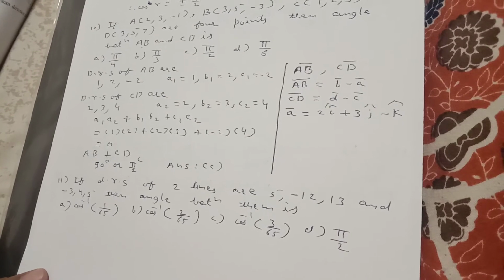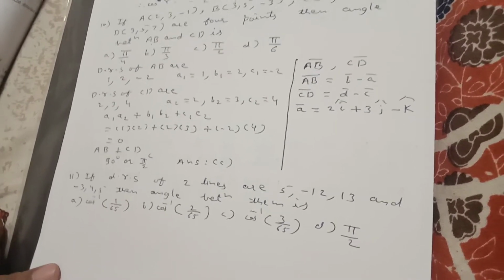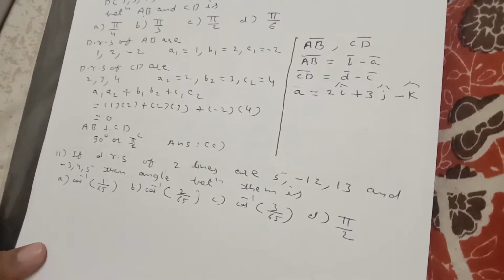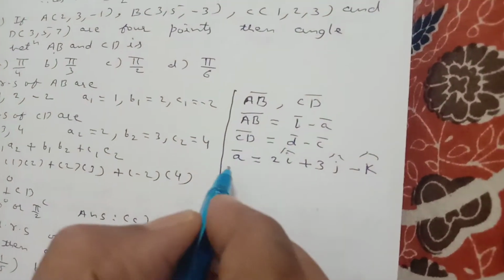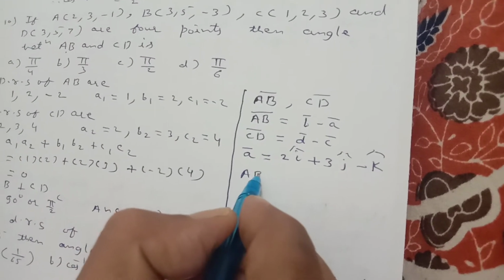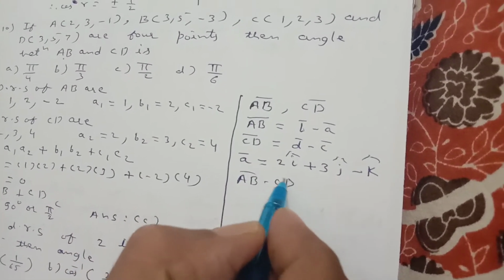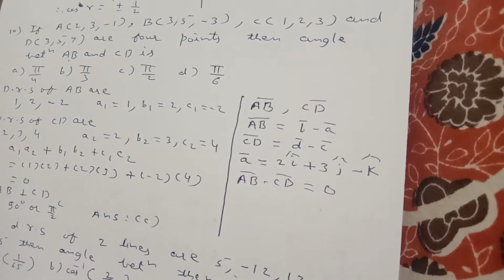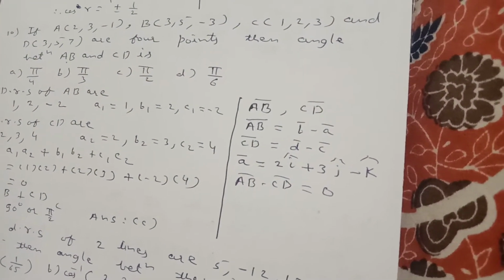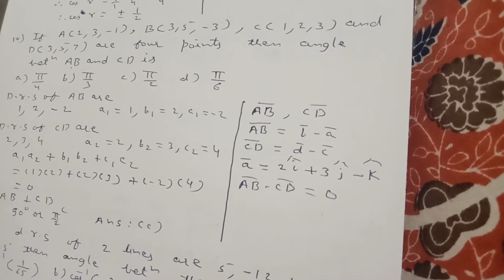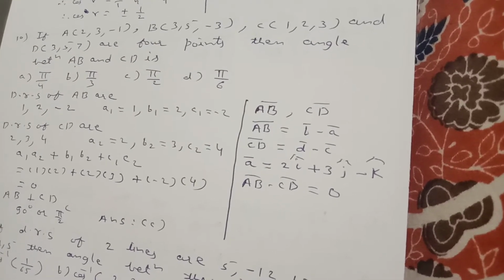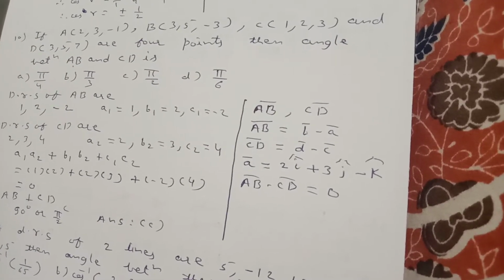Similarly, we can find position vectors of remaining points also. After that, we can find AB bar and CD bar. And if we find their dot product, AB bar dot CD bar is 0, then the two vectors are perpendicular to each other. So we can use any method here. It is more convenient to use the direction ratios method.